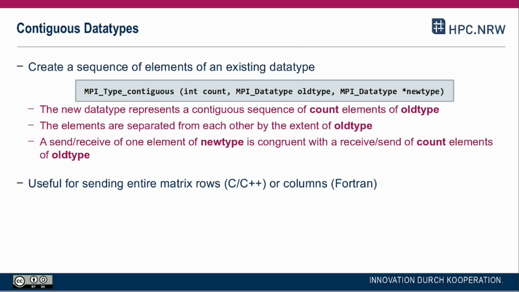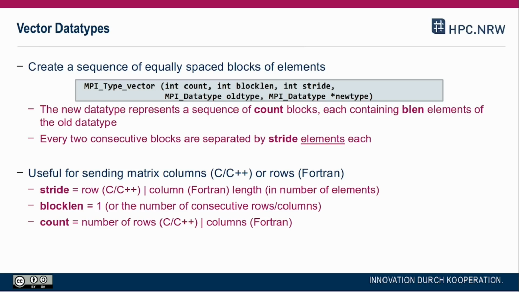Yeah. So, for example, as we'll see in the exercises, this is great if you want to send a row or an array in C or a column in Fortran, because Fortran is column major, C is row major in terms of memory layout. Yeah. Okay. So if you think of a matrix, you want to send a row, okay, all of that is contiguous.